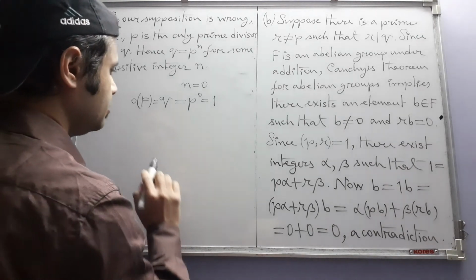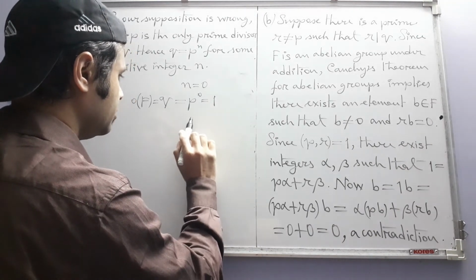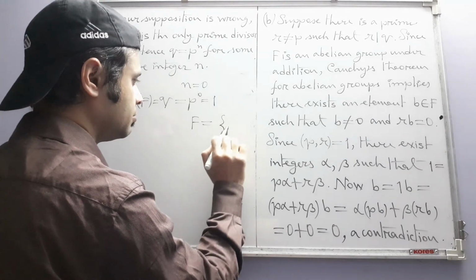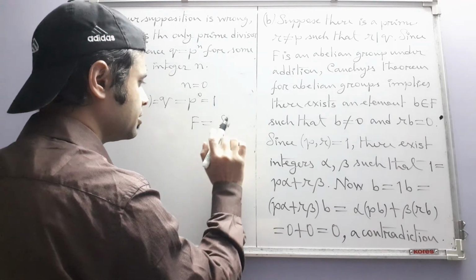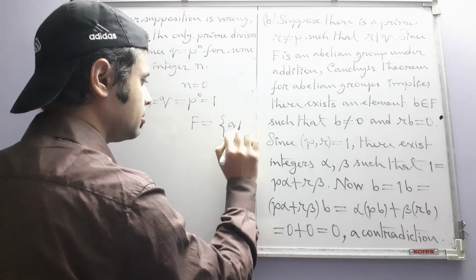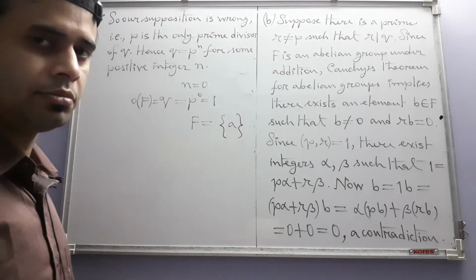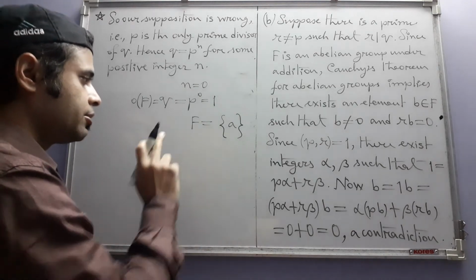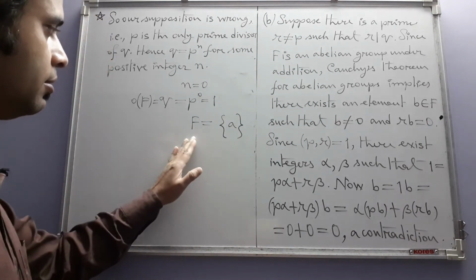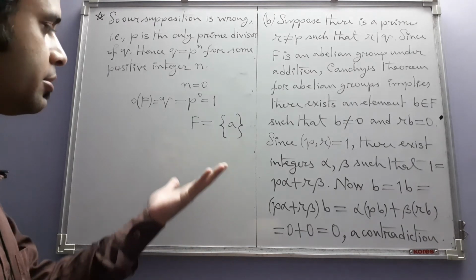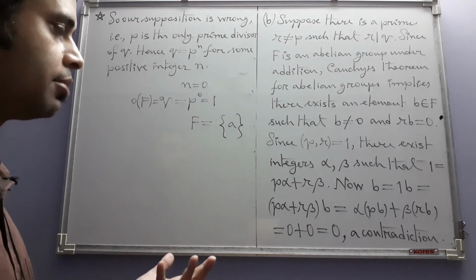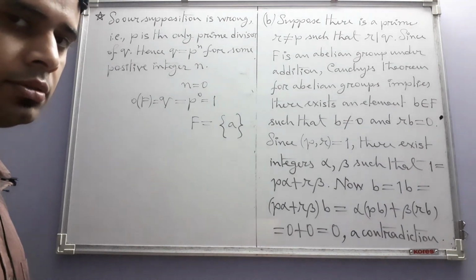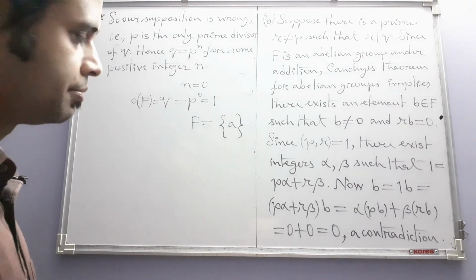That is because, you see, if you have only one element in a field, then that is the 0 element, and so according to the definition of a field, the non-zero elements in the field should form a multiplicative group that is abelian.